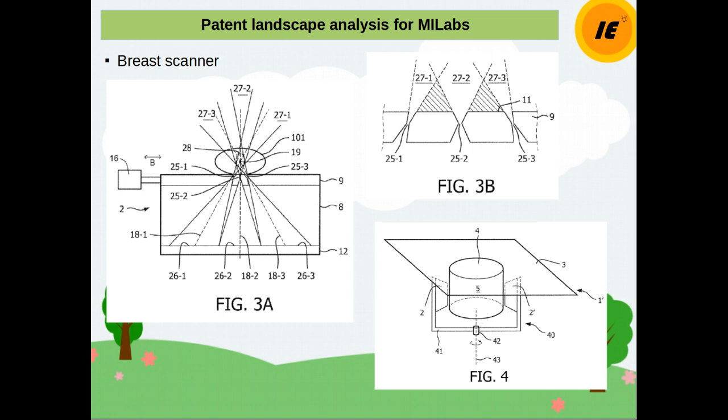I'm talking about figure 3b: the left one, 25.1, is tilted to the right, and 25.3 is tilted to the left. That's how the imaging works. If you slide it, then the volume of interest or the field of view will change. Anyway, these are a lot of details, and I don't want to bore you.